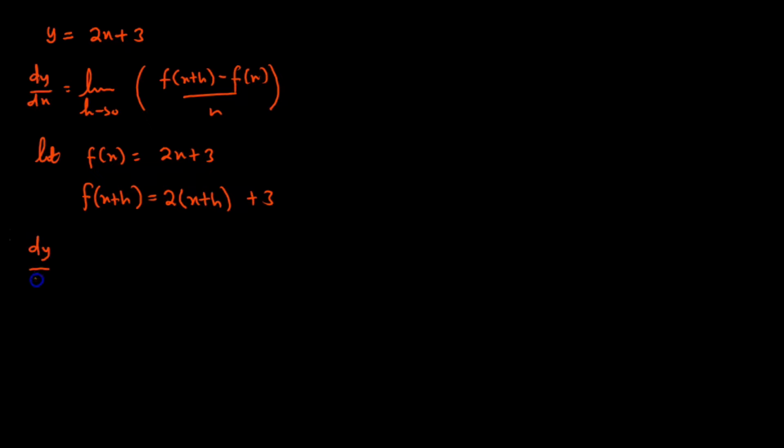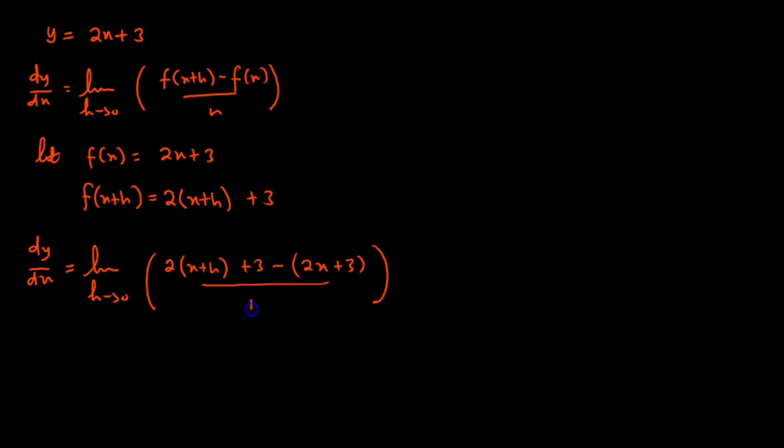Then moving further, we can substitute the expression we've had here into the first principle relation. So dy dx will be equal to limit as h approaches 0 for 2 into bracket x plus h plus 3 minus bracket 2x plus 3 all on h. Now from the concept of limit, which we did early on, we need to simplify the expression before we substitute the value of 0 into the function for h.